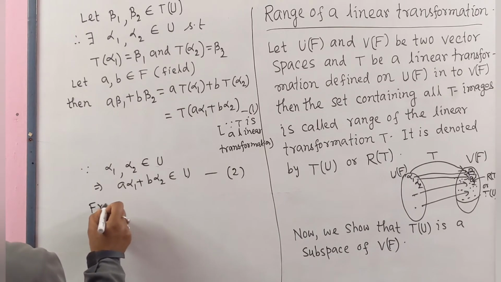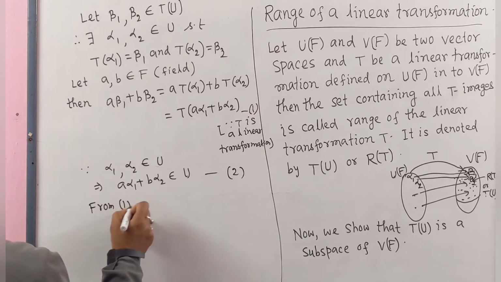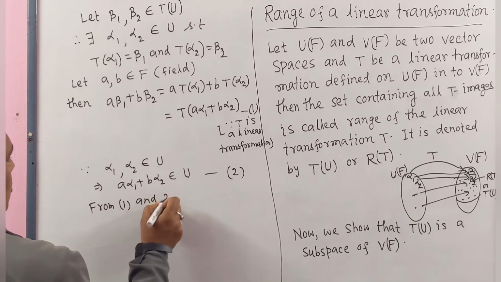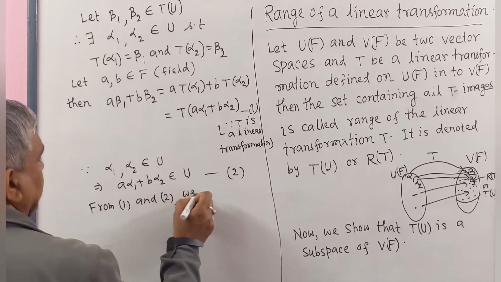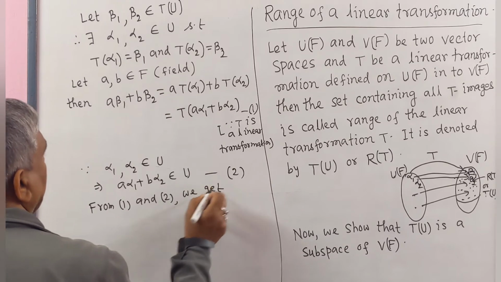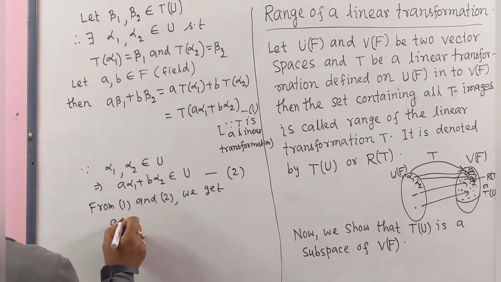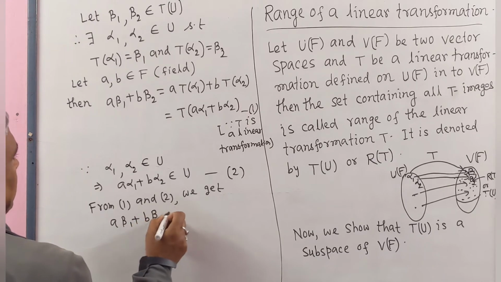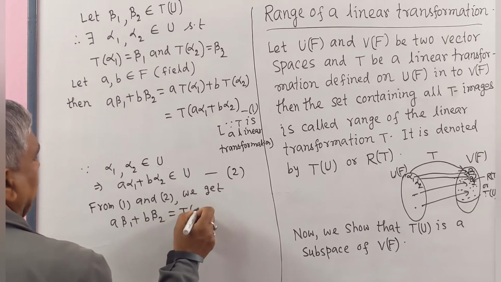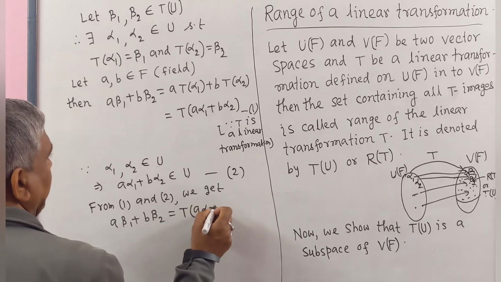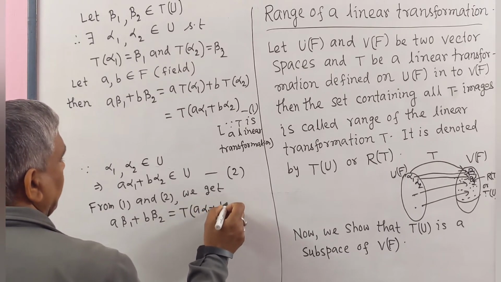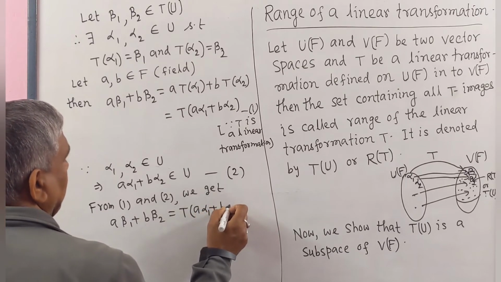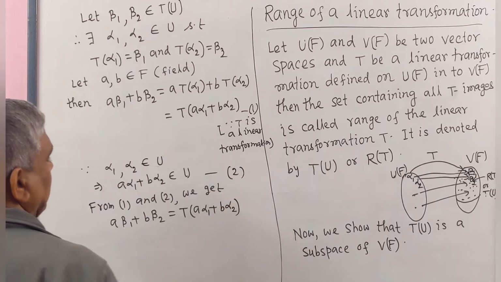From 1 and 2, we get a beta 1 plus b beta 2 equal to T(a alpha 1 plus b alpha 2).